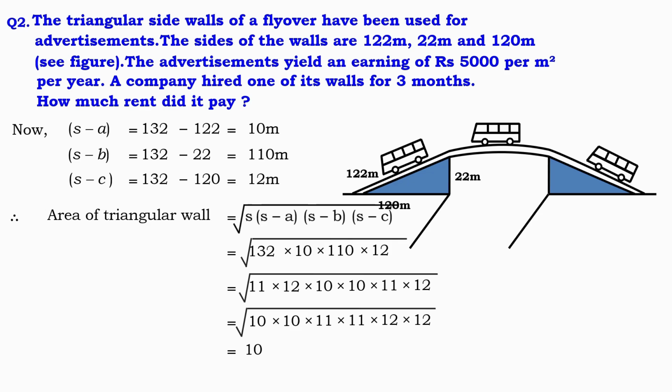So 10 comes out, 11 comes out, and 12 comes out. So it is 10 into 11 into 12. The area of the triangular wall will be 11 into 12 is 132, multiplied by 10 is 1320 meters square. So we got the area of only one triangular wall.